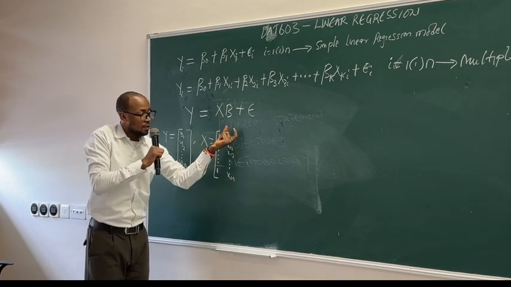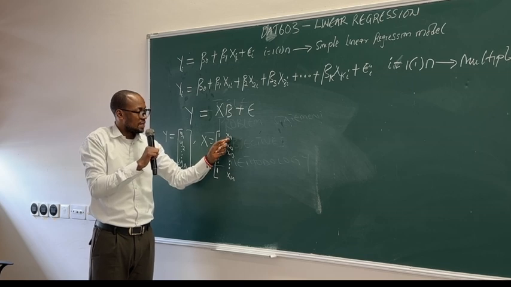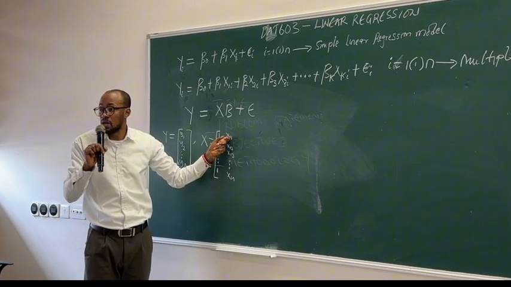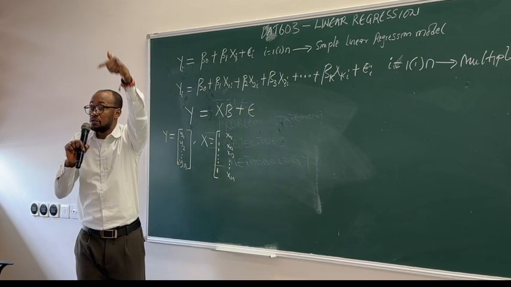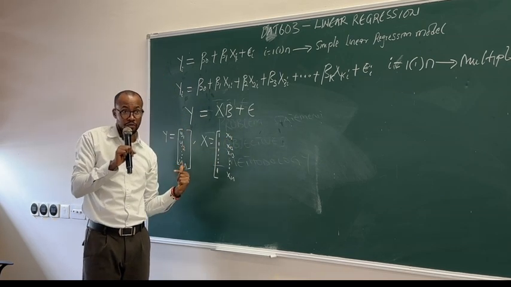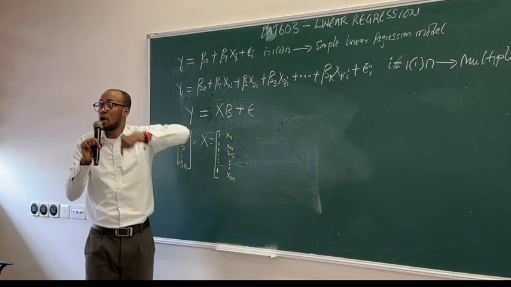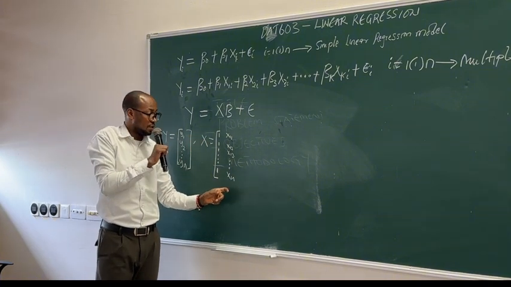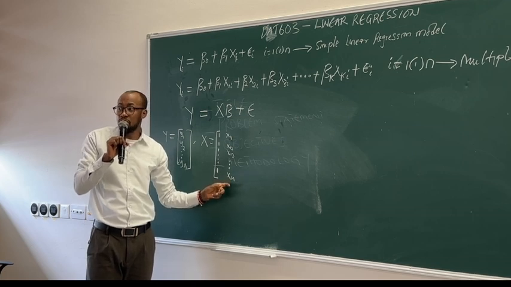In this column, the first index here means the first explanatory variable, x1, and this other one means the first observation of the first explanatory variable. Is that clear? So this here means the second observation of the first explanatory variable, down to the nth observation of the first explanatory variable.